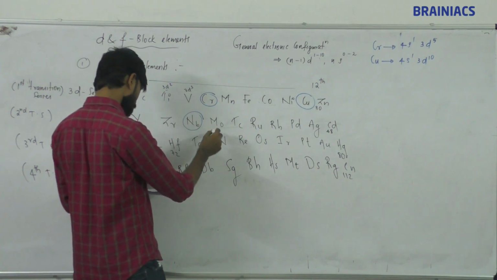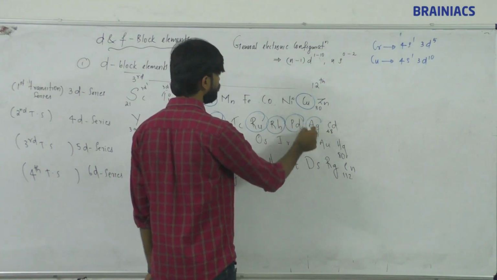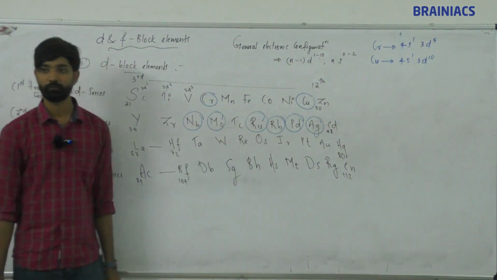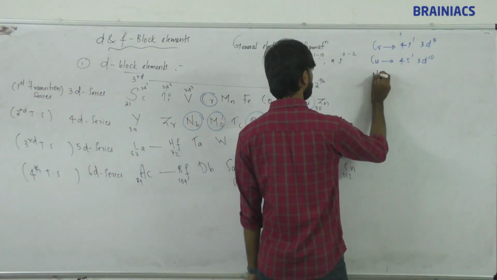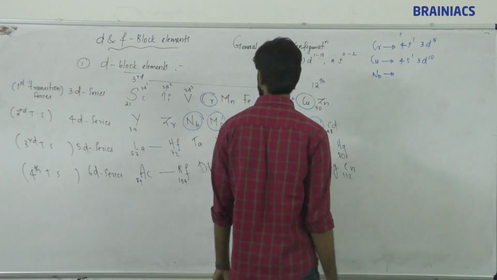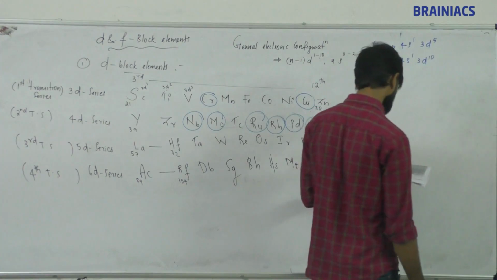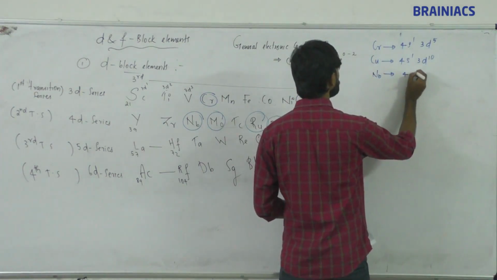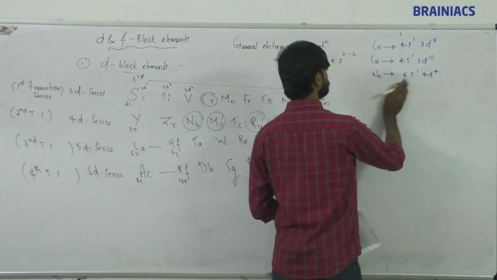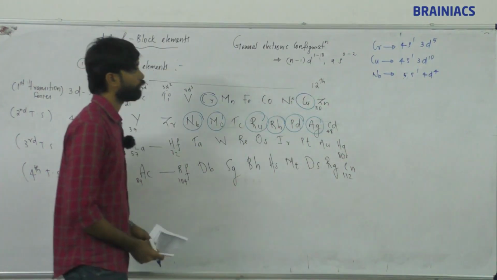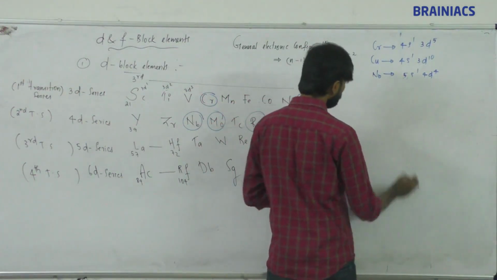Niobium has an exception, molybdenum has, ruthenium has, rhodium has, palladium has, silver has. The expected configuration of niobium is 4s2 3d3, actually 5s1 4d4. It is given in your textbook.